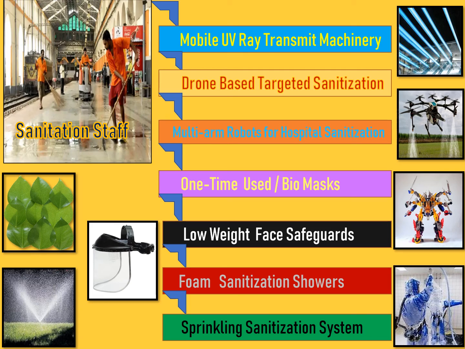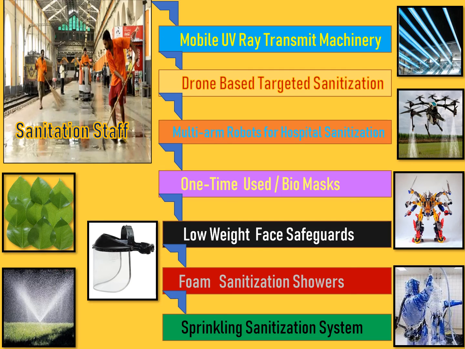That's what I'm calling biomasks or biomaterial masks. We can go for use-and-throw type of masks, because they also have economic constraints. To cover the entire face, it is advisable to go for highly transparent, recycled, plastic based safeguards, which are light in weight and user friendly. These kinds of safeguards we can try to prepare for these sanitization staff.